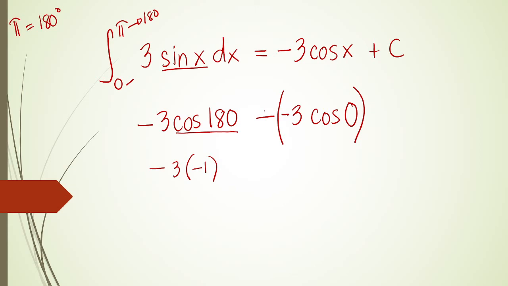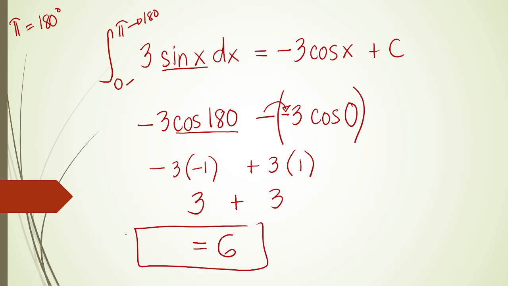Okay, what is negative times negative? Positive. Positive 3 times 1. Is this right? Yes, sir. So let's simplify this. -3 times -1 is positive 3, plus 3, making this the value for this one.